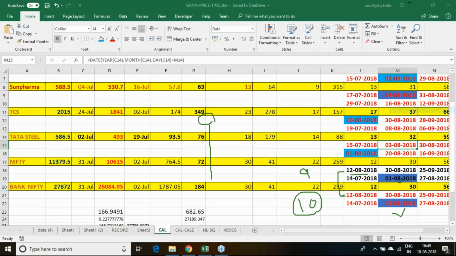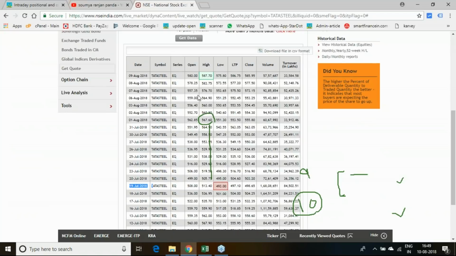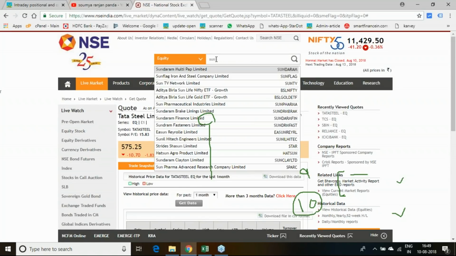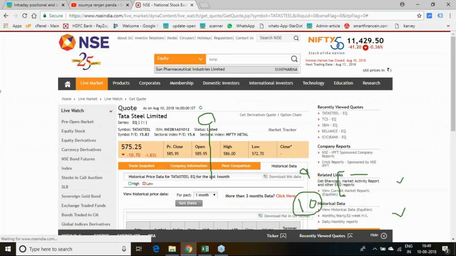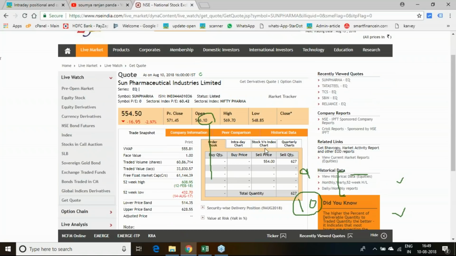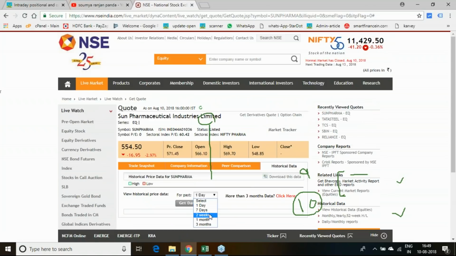Sun Pharmaceuticals, same way we have given for Sun Pharmaceuticals. Today it was a great down day for this particular counter.